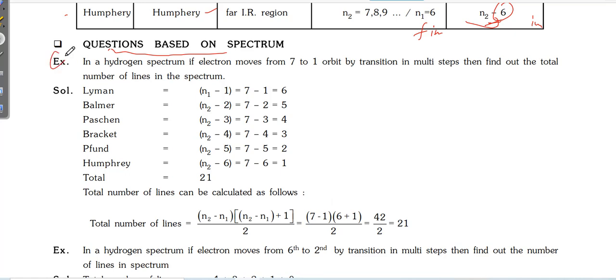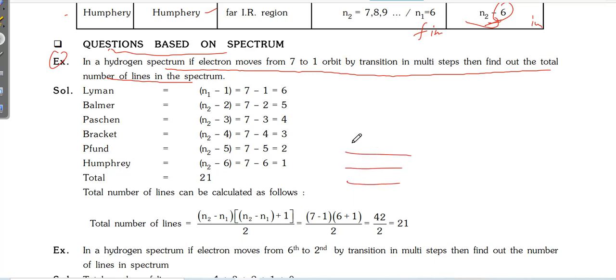Question number 1. In a hydrogen spectrum, if electron moves from 7th to 1st orbit by transition in multi-steps, then find out the total number of lines in the spectrum. Okay, so here 1, 2, 3, 4, 5, 6, 7. Suppose the 7th comes to the first directly, it is 1 probability.